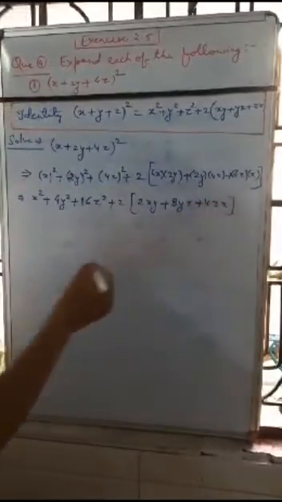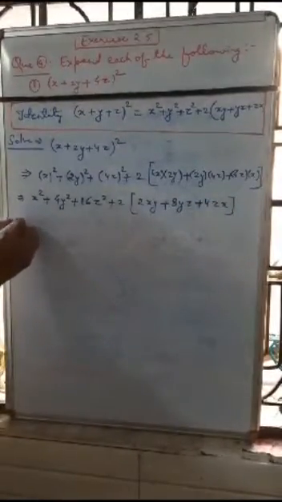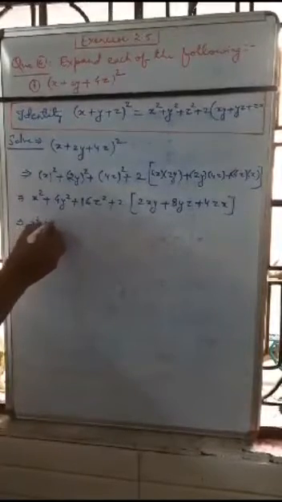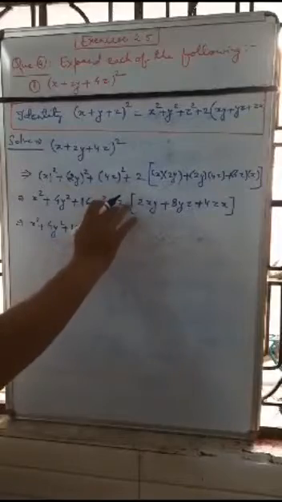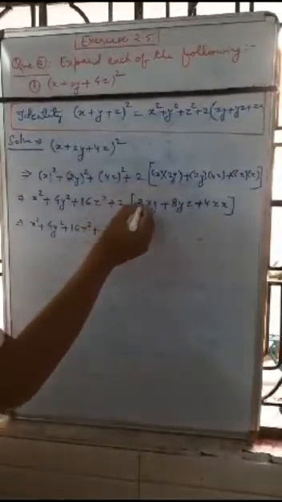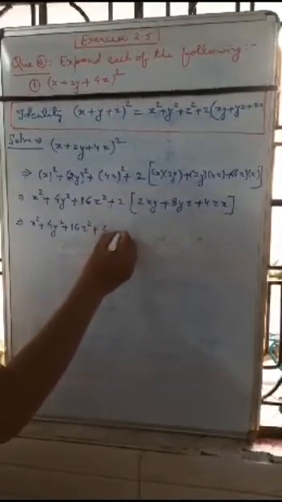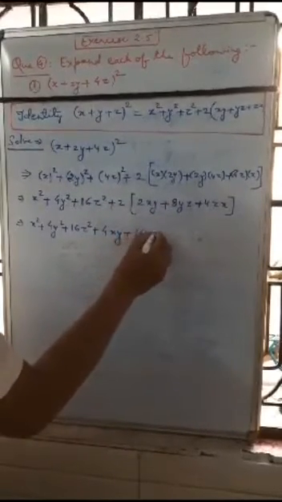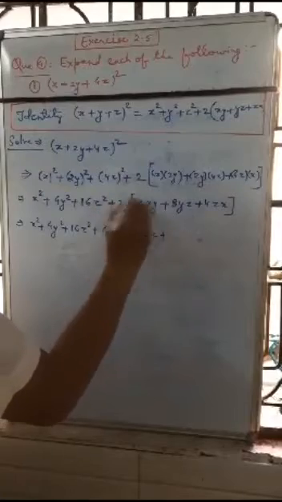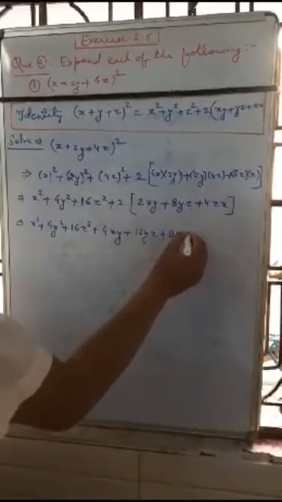Then we will write x square plus 4y square plus 16z square, then multiply 2 inside the bracket: 2 2s are 4xy plus 2 8s are 16yz plus 2 4s are 8zx.